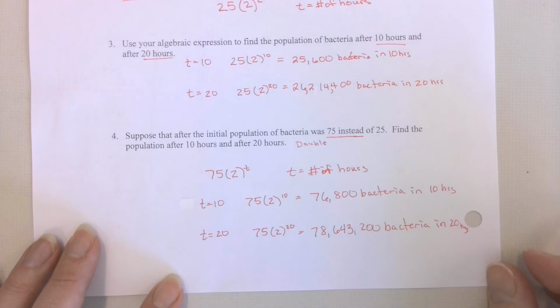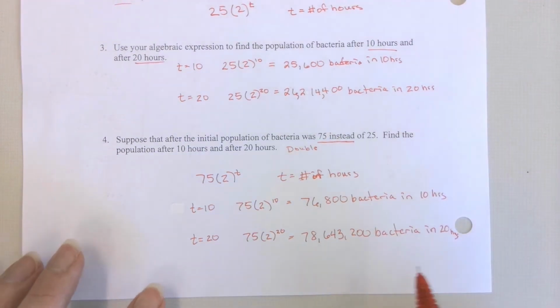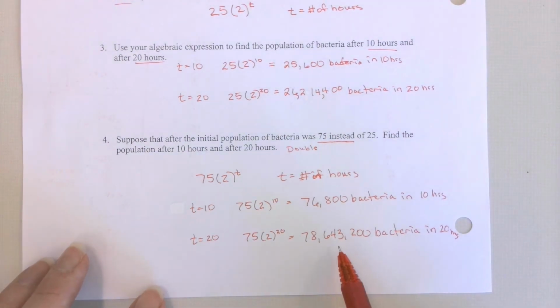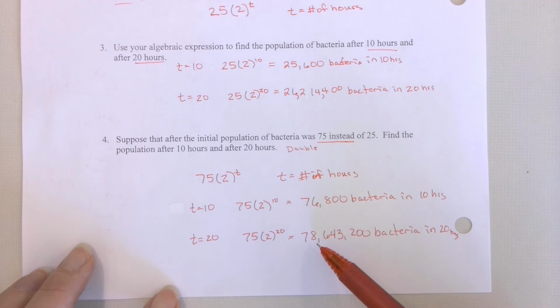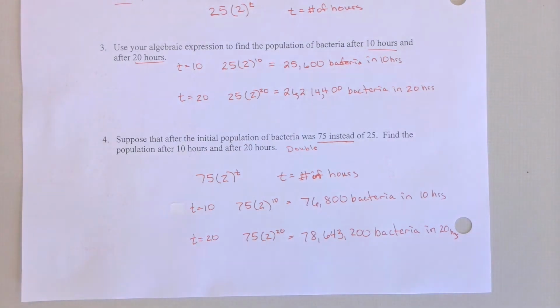So we can see that these numbers are increasing quickly. And when you started with the 75, we definitely have a much bigger number, from 26 million to 78 million when we started with 75 in the same time span. And this is why we wash our hands.